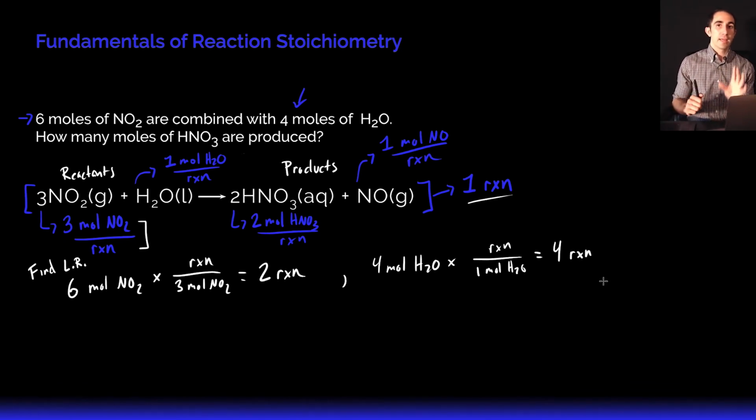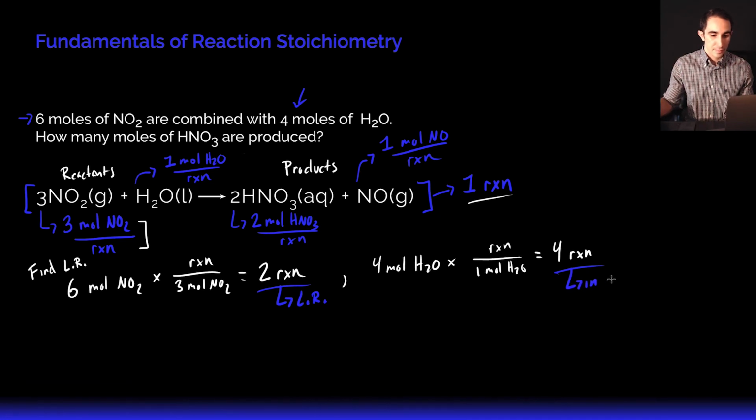Well, the limiting reagent by definition is going to be the reactant that I can run the fewest number of reactions with. So the fact that I can run 2 reactions with the NO2 and 4 reactions with the water means that I can technically only run 2 reactions. So this is my limiting reagent, and this is in excess.